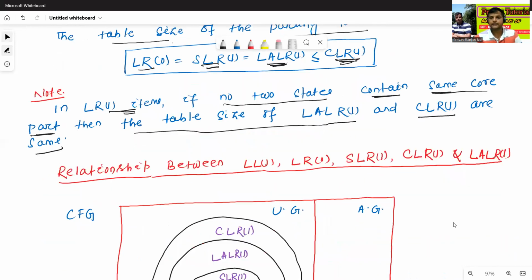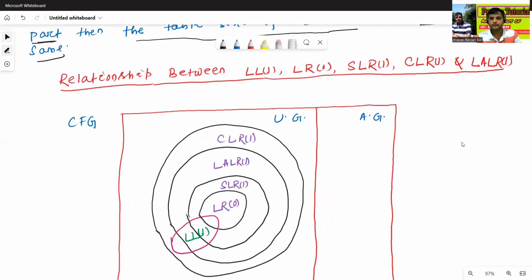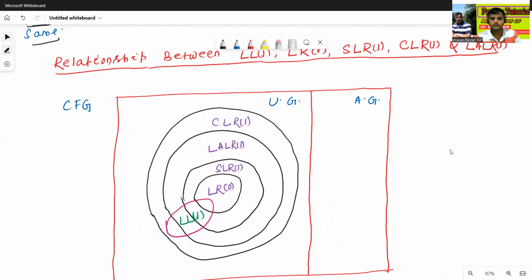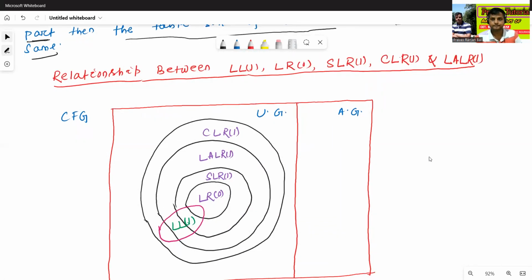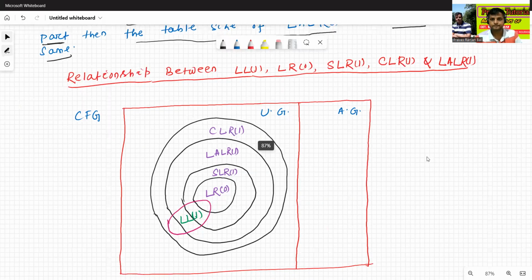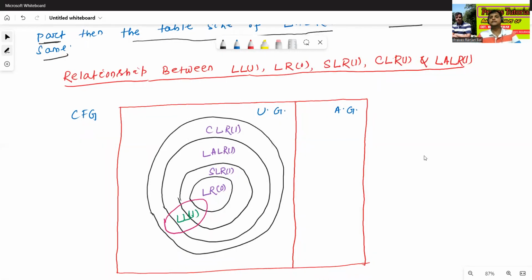Okay. Now finally we'll see the relationship between the LL1 parser, LR0 parser, SLR1 parser, CLR1 parser, and LALR1 parser.